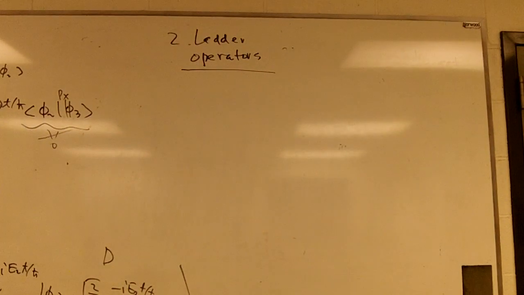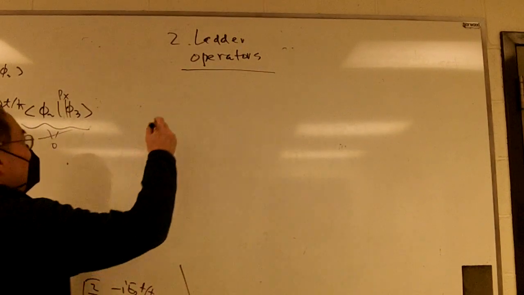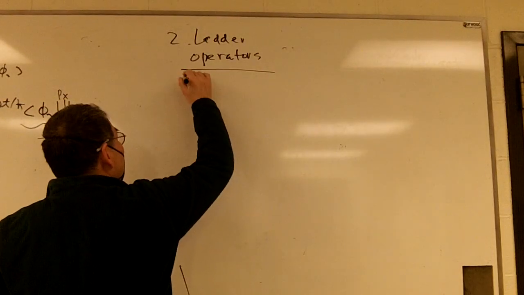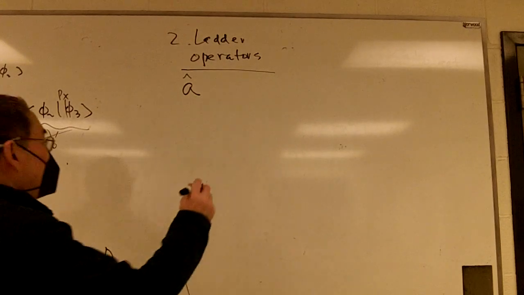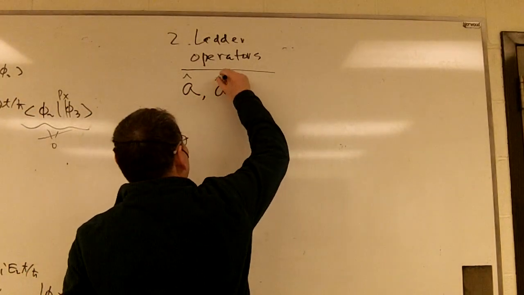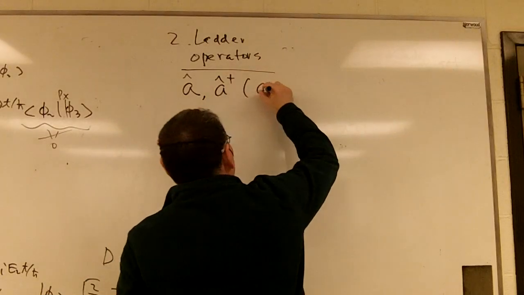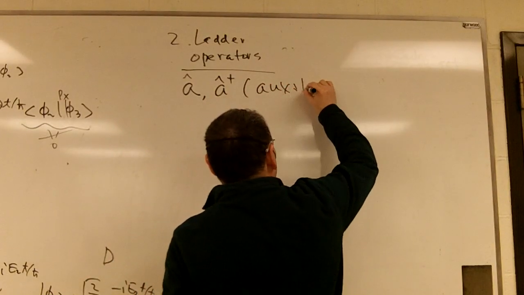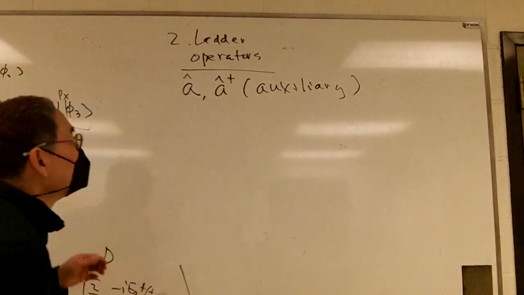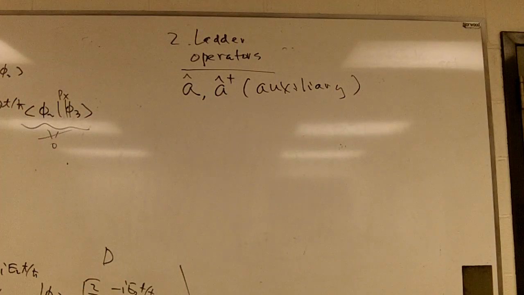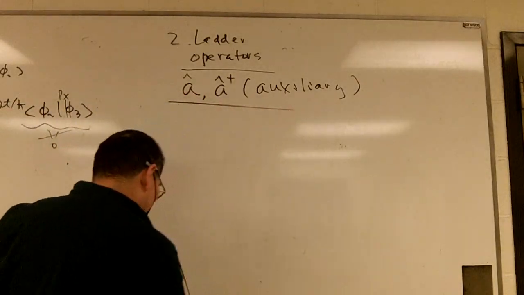We use the letter A to represent the ladder operator, so A with a hat on top is called a ladder operator. There is also A-dagger. These are all auxiliary operators, and we utilize them in the following way.